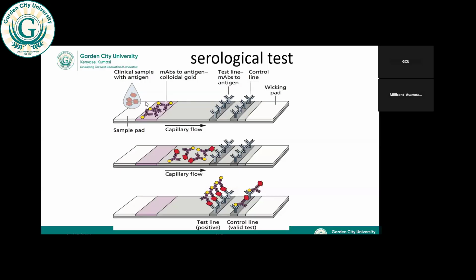If it's TB, they know how the Mycobacterium tuberculosis looks. So they have used that antigen to design monoclonal antibodies that are able to bind to the TB. So the antigen is the organism, the target that you are interested in, whether the virus or the bacterium or any pathogen. So these are already pre-coated on the cassette.